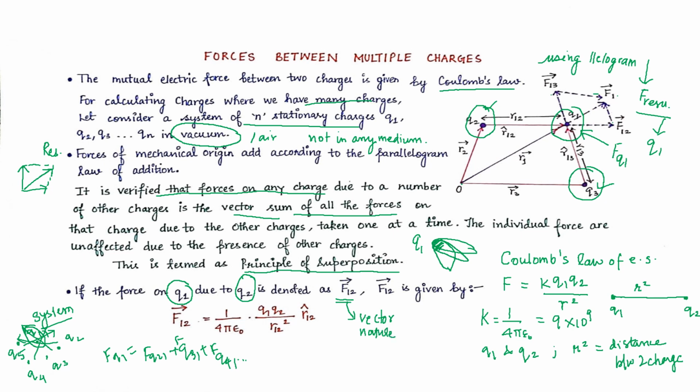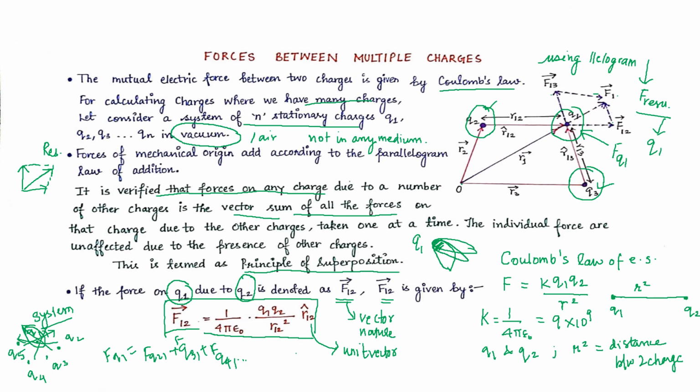F bar 12, in the format of Coulomb's law, is given as F12 equals 1 by 4 pi epsilon naught, Q1 Q2 divided by R12 whole square, into R cap 12. Here R12 square is the distance between Q1 and Q2, whereas R cap 12 is the unit vector.